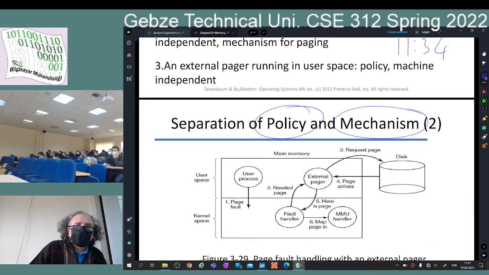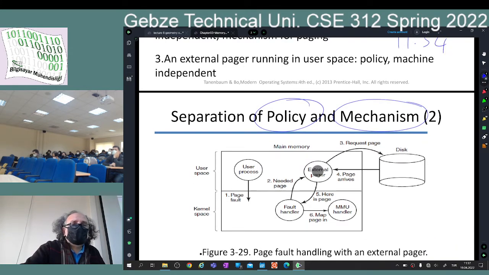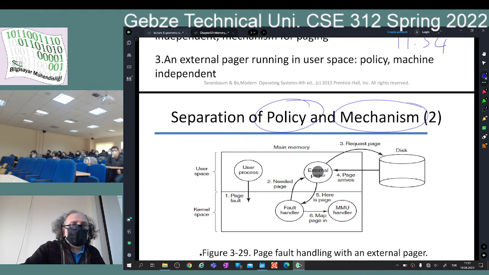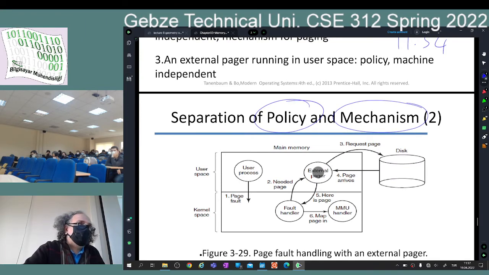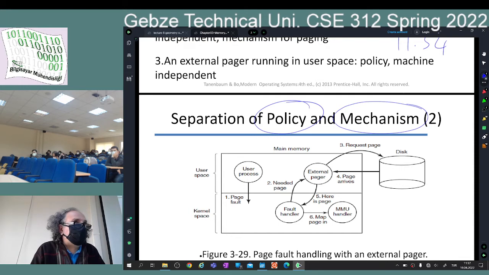Okay, since this one doesn't have privileges to play with the MMU, page tables, and etc., it has to do lots of system calls. System calls means context switching. Context switching means performance loss. That's the downside of this method, separation of policy and mechanism.